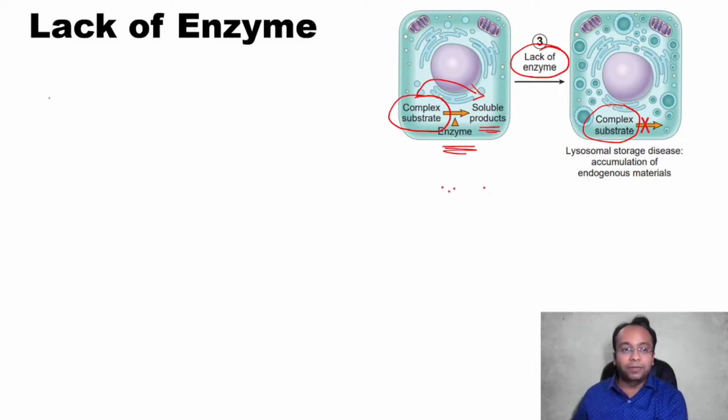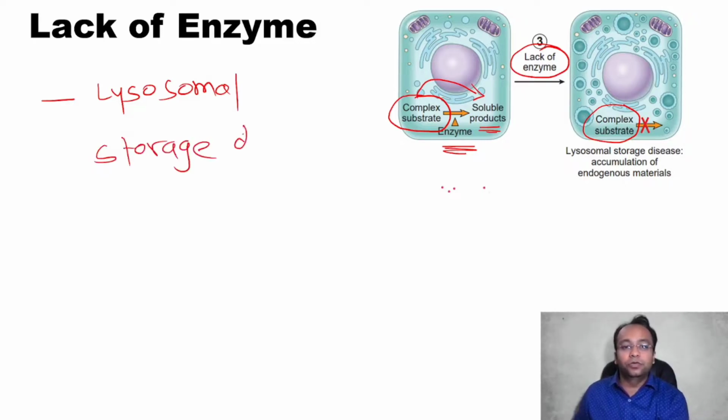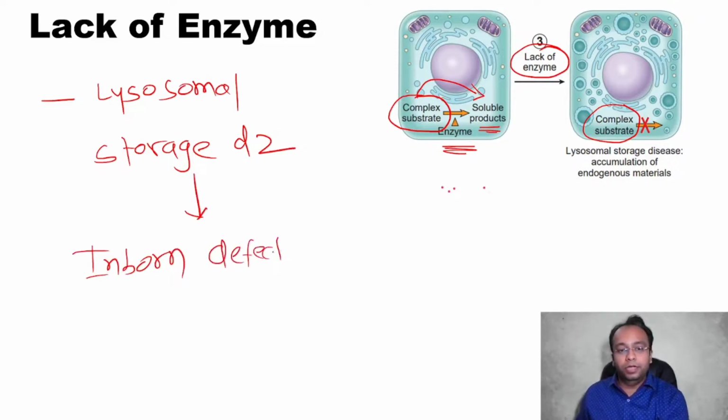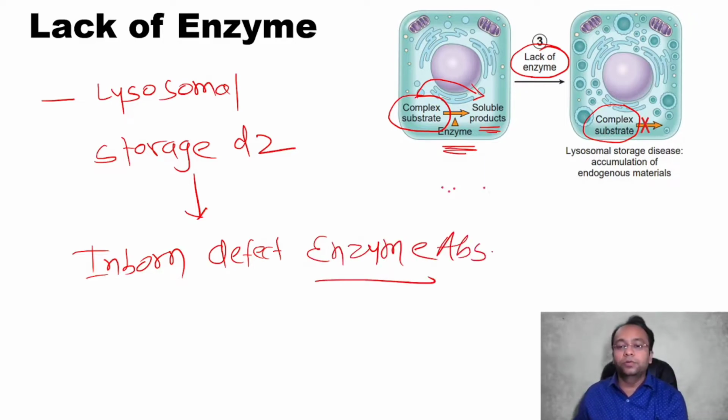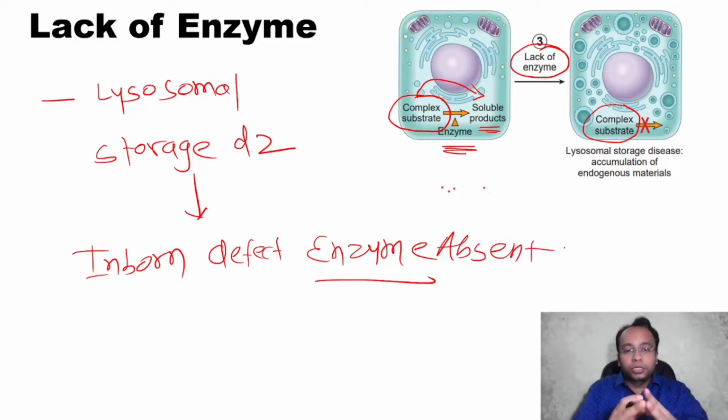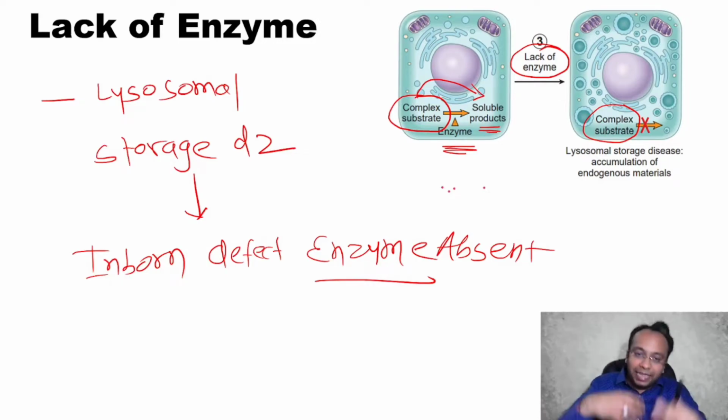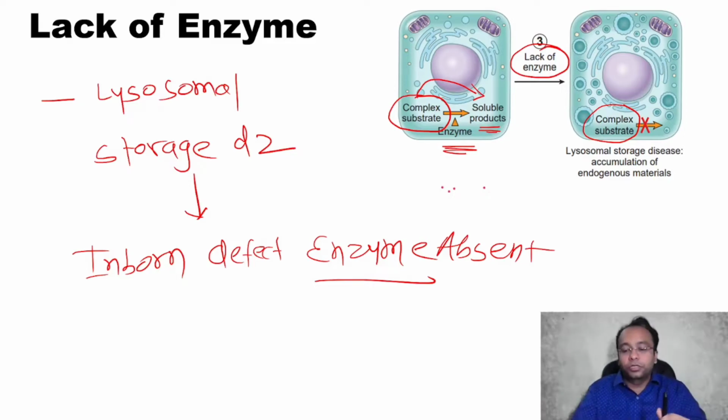The most common example is lysosomal storage disease. Here there is an inborn defect in the enzyme. The enzyme is absent, so that can lead to lysosomal storage disease. We will discuss it in detail in the genetics chapter, right? But as of now, understand that if you lack the key enzyme, then complex substrate will not get degraded and they will get accumulated. The example is lysosomal storage disorder.